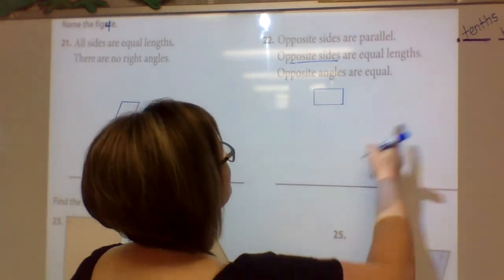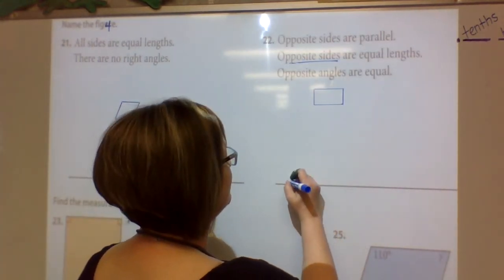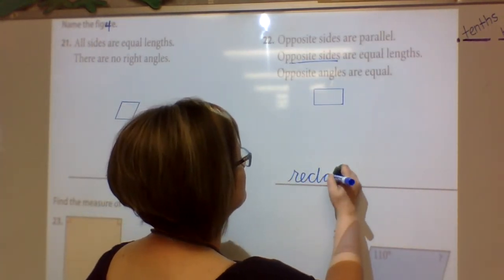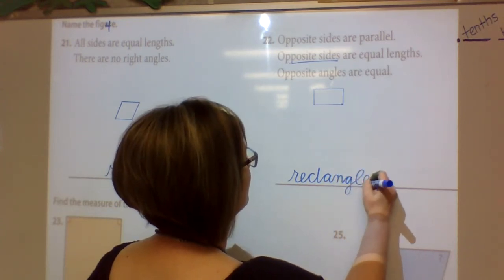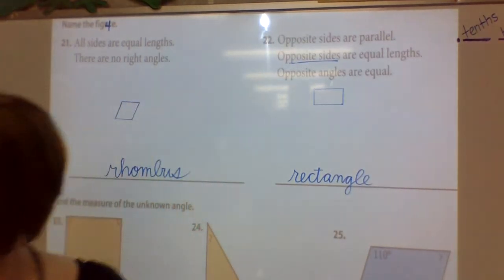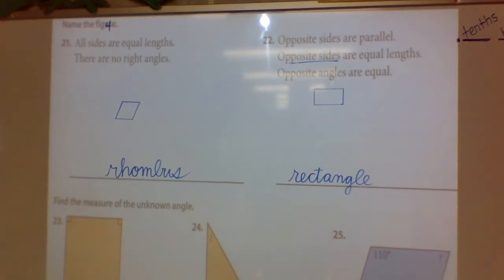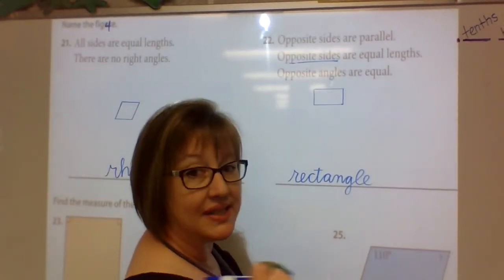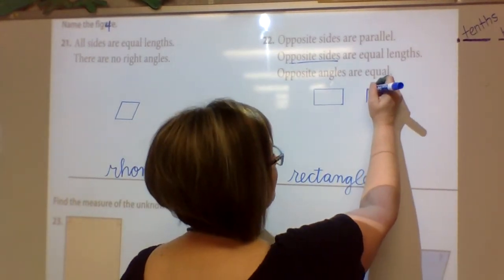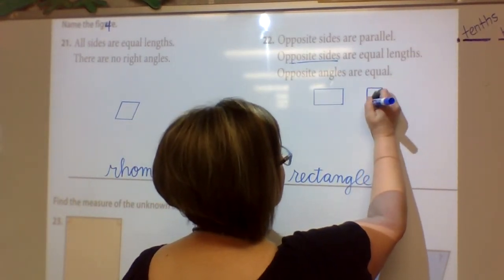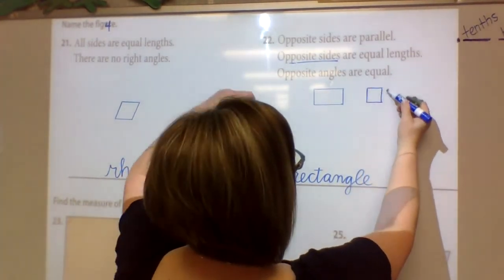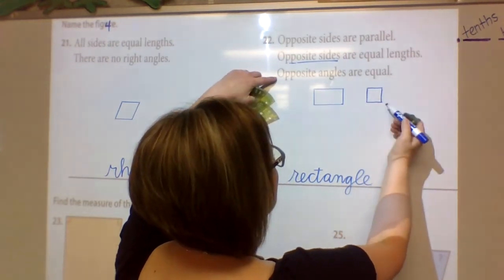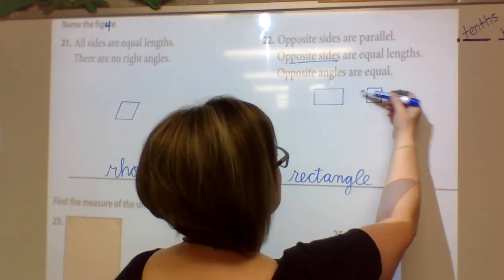And so what shape did we make? We made either a rectangle or we could, a quadrilateral or a parallelogram, or we could have looked at my book to see. It says you could have made a square because with a square, you've got the same opposite angles are equal, opposite sides are parallel, opposite sides are the same.